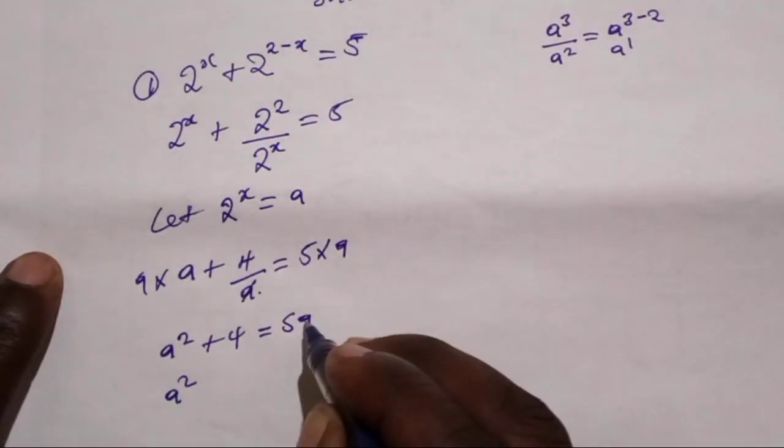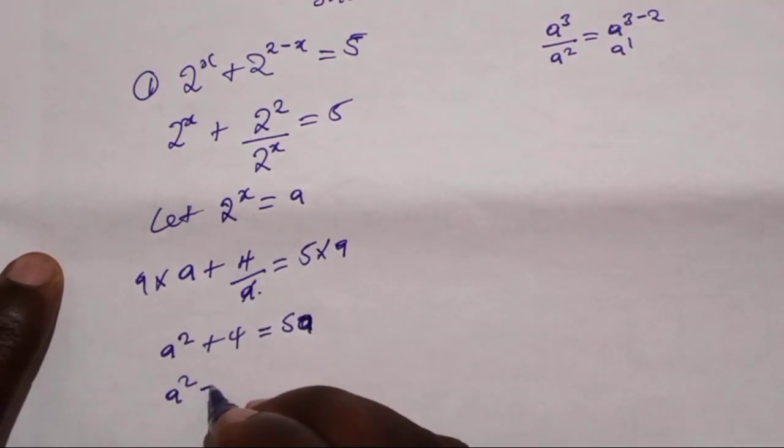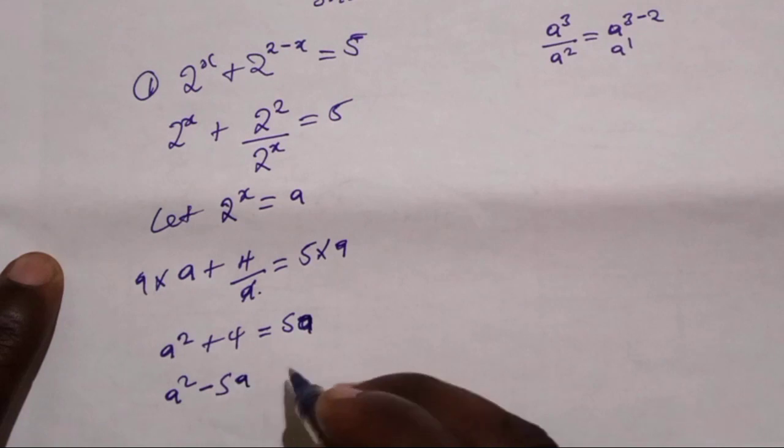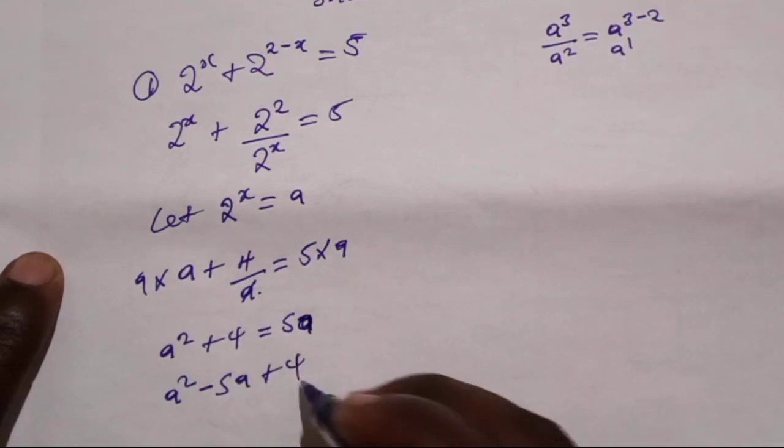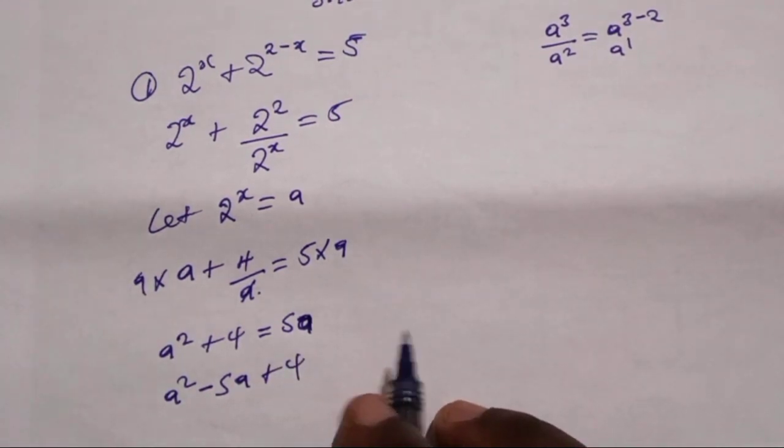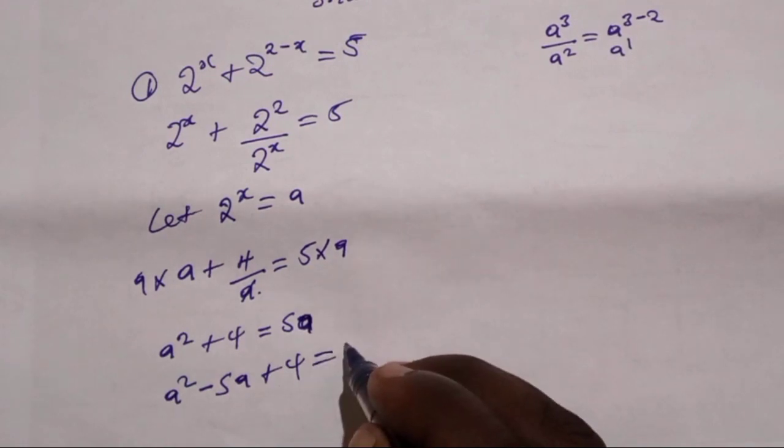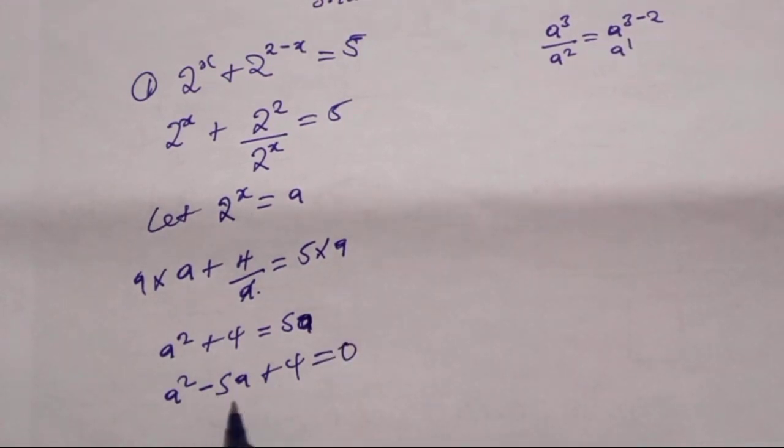When you bring 5a to the other side, it will be a squared minus 5a plus 4 equals 0. We are going to look for a product and sum, in which when you multiply it will give positive 4, and when you add, it will be minus 5.